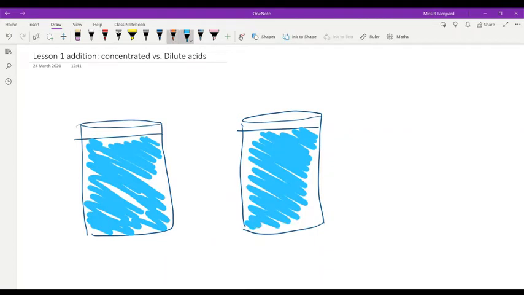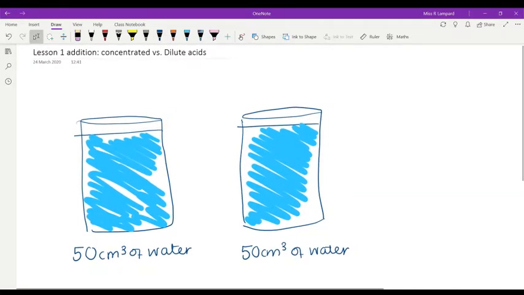Okay, let's say that I've added 50 centimeters cubed of water and 50 centimeters cubed of water.